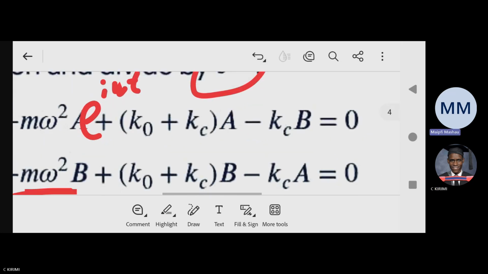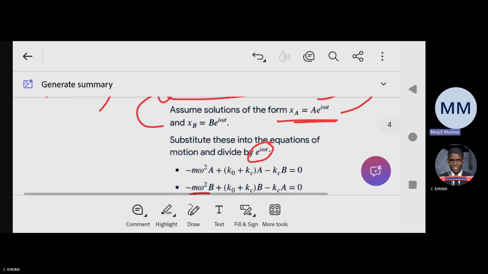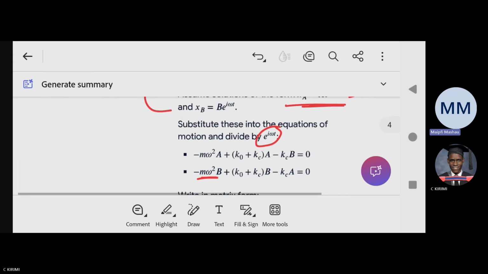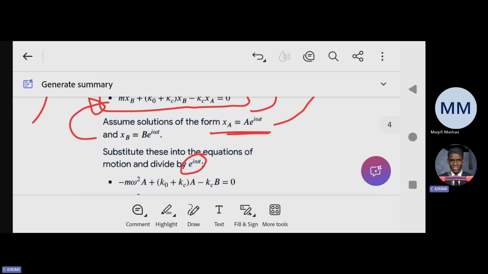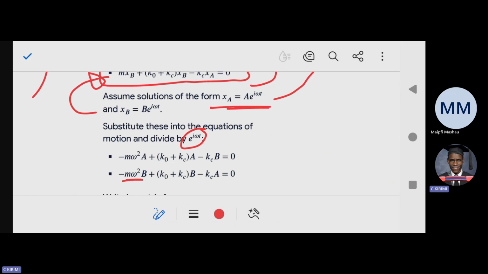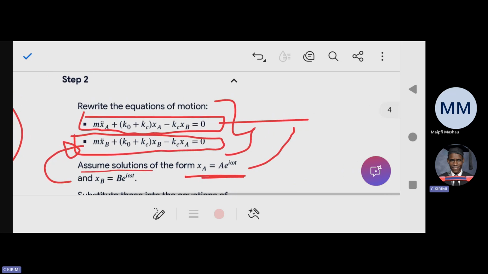Is that e to the power i omega t given in the question? No, this one is not given. It's an assumption of the solution. We assume that the solution that satisfies that equation is of the form where A is a constant and an exponential.